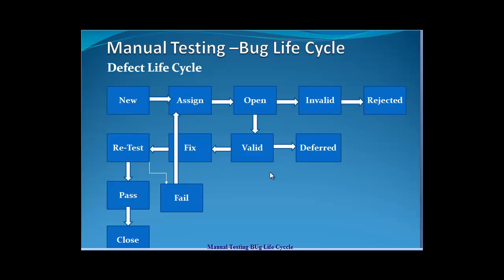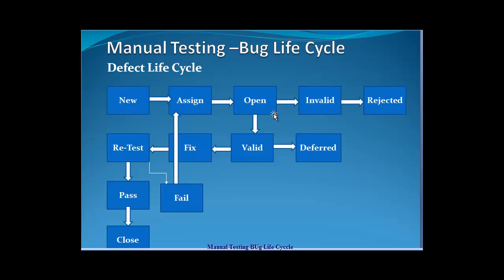Once the defect is assigned, the developer opens that defect in their environment. Here we can see the Open state. At that time, the developer sets the state as Open and starts working on it.